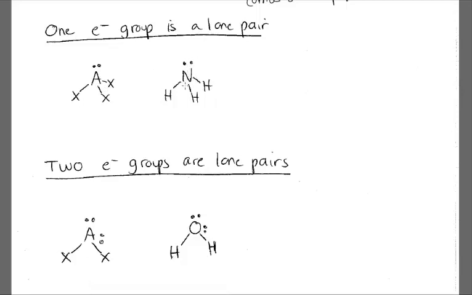Okay, a lone pair on top, 3 hydrogens. So this is still tetrahedral in the electron groups, but since one of the electron groups is electrons, the shape is not tetrahedral. The shape is called trigonal pyramid. Okay, so it makes a pyramid. If you think of this making a base of a pyramid, it looks like a pyramid.